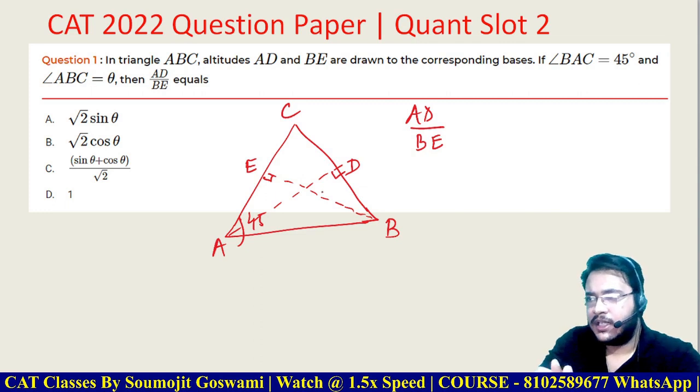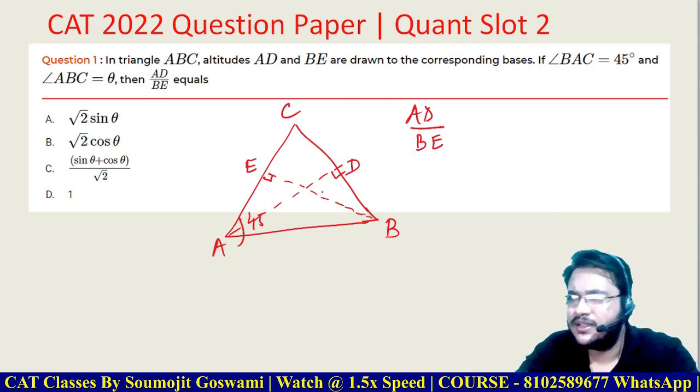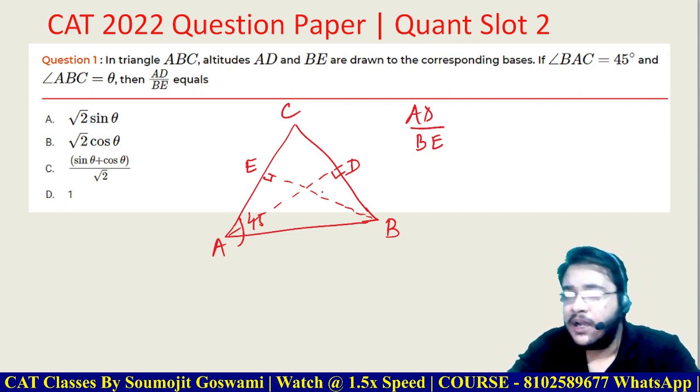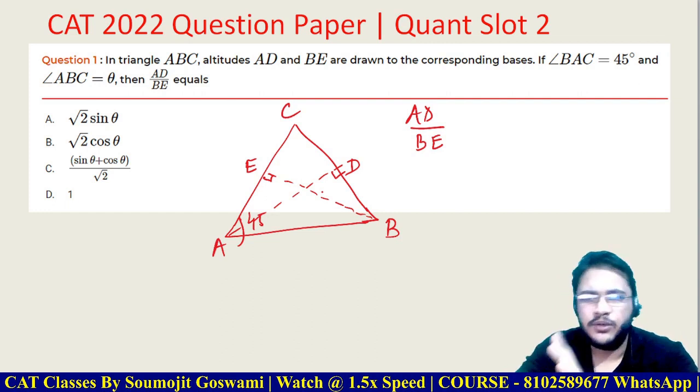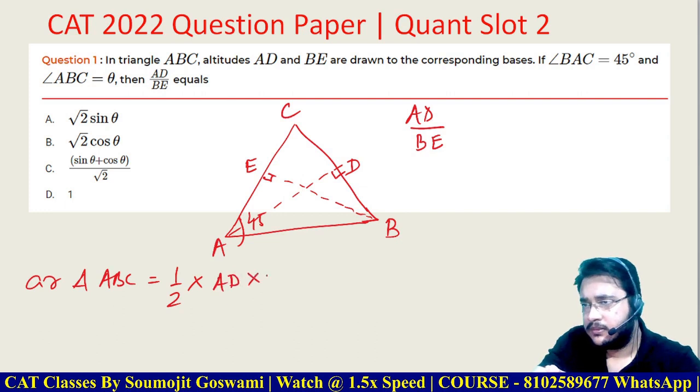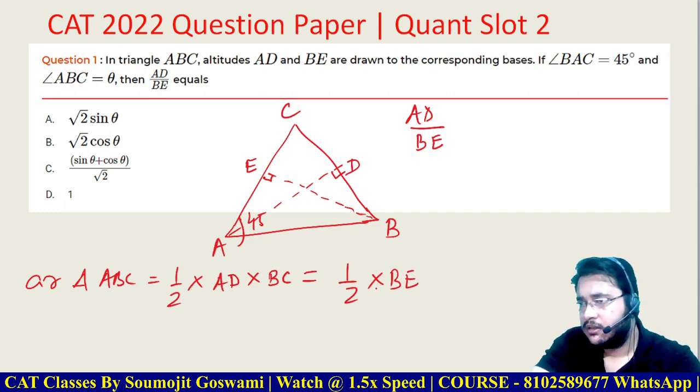First of all, altitudes in a triangle. Let's not use similarity or anything, because somebody can say, sir, why not similarity, because right angle triangles and all that. I would say there is just one triangle. Let's make use of the triangle extensively. So the area of the triangle ABC will be half into AD into BC, which in turn will be equal to half into BE into AC.